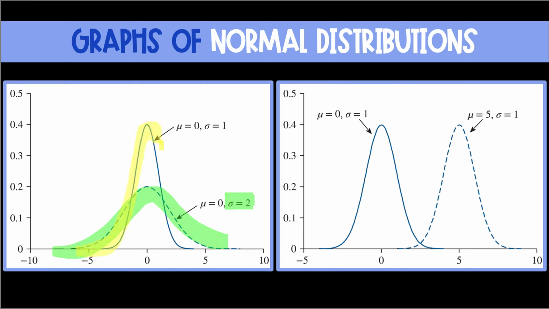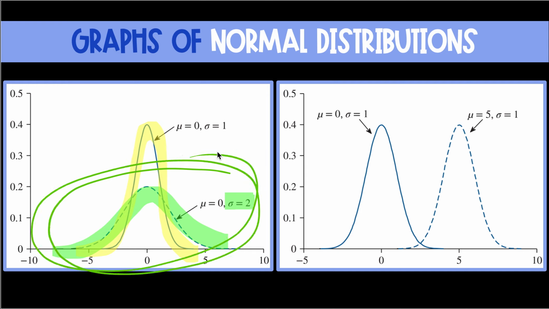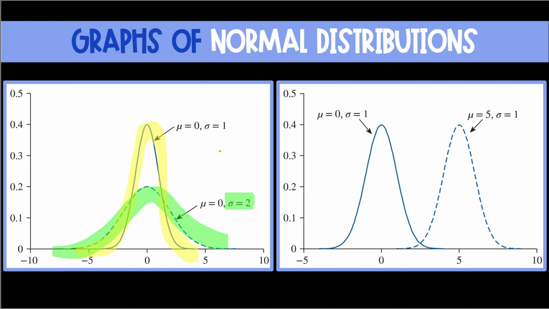Notice how the curve that has a larger standard deviation is more spread out and more flat than the curve that has a standard deviation of 1. The smaller your standard deviation is, the closer your data is clustered together, and the more narrow and tall your curve is. As we increase our standard deviation, our curve keeps getting flatter and flatter, and your data keeps on spreading out more.